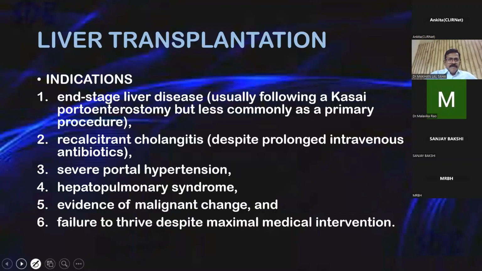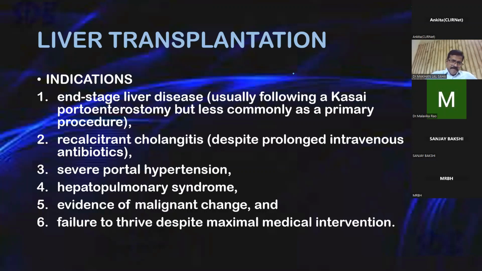So the indications, as Professor Shah quite rightly said, are end-stage liver disease, usually following a Kasai portoenterostomy, but less commonly as a primary procedure. This is the bridge, a two-stage procedure. Cholangitis is recurrent despite prolonged intravenous antibiotics, and the traditional evidence base is you do the surgery before 8 weeks.